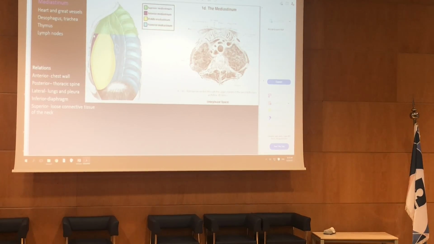We have the anterior mediastinum, which is the retrosternal space, so it's right behind the sternum, and it should be like an empty space. So any mass lies here, this gives me a differential, because the anterior mediastinum is a location where there are few things, okay? So one of the things that it has is the thymus. You see this small triangular shaped fatty tissue, okay?